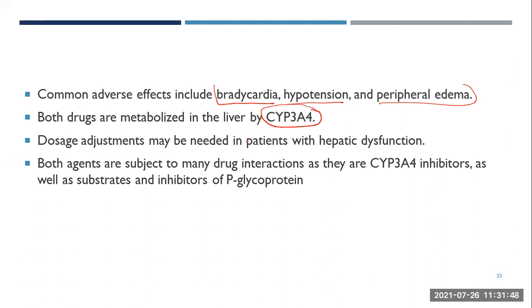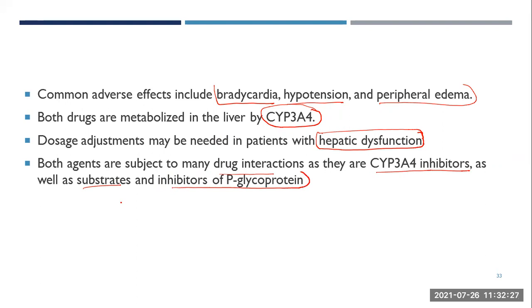Dosage adjustment may be needed in patients with hepatic dysfunction, which is applicable to all the drugs we have mentioned so far, because almost all of them undergo metabolism in the liver. These drugs are subject to many drug interactions as they are CYP3A4 inhibitors as well as substrates and inhibitors of the P glycoprotein.